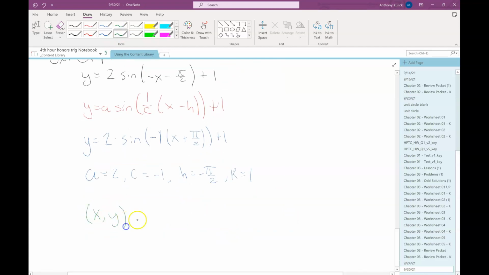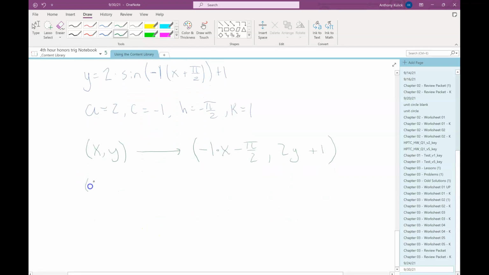So now that I've done that, I'm going to go ahead and make my transformation map. So again, that's Cx plus H, Ay plus K. And I'm just going to do that to my key points from sine, because this was the sine graph.